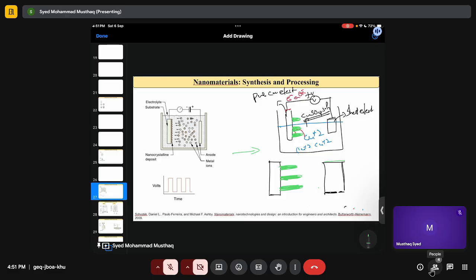We want to stop the growth of these columnar precipitates. So for that we need to give pulse voltage or pulse current, such that I only form precipitates here.